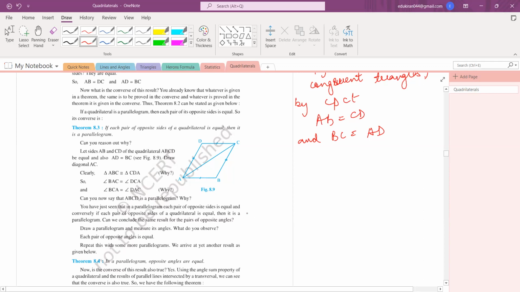Okay, fine now. Now, theorem number 3, write the statement. If each pair of opposite sides of a quadrilateral is equal, then it is a parallelogram.